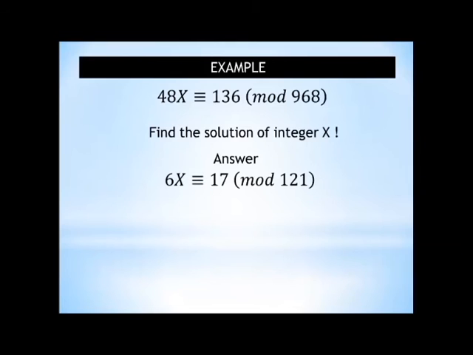Next, we know 6x congruent 17 mod 121. The GCD of 6 and 17 is 1. By the first theorem, it must have a unique solution.